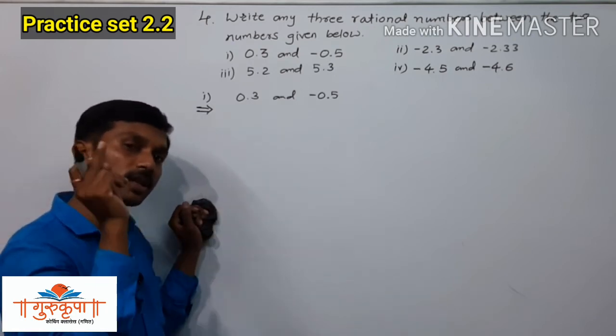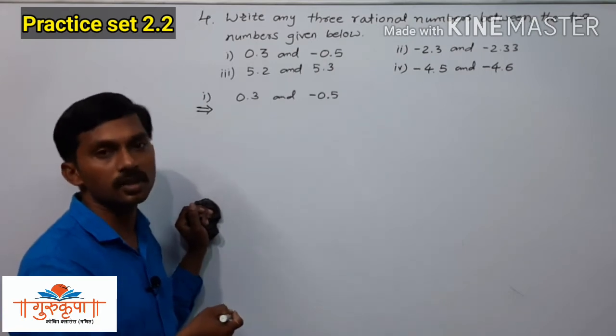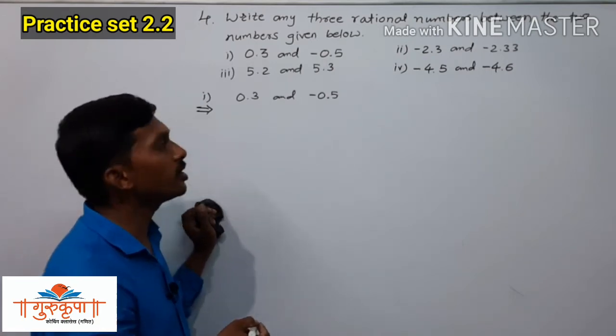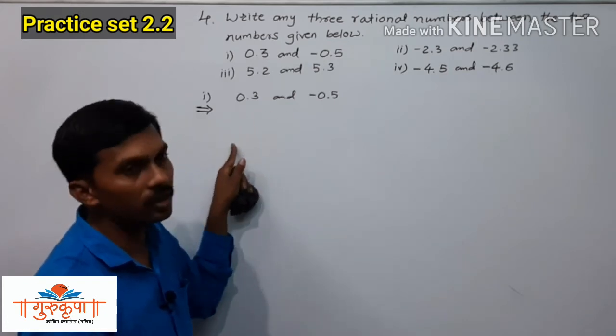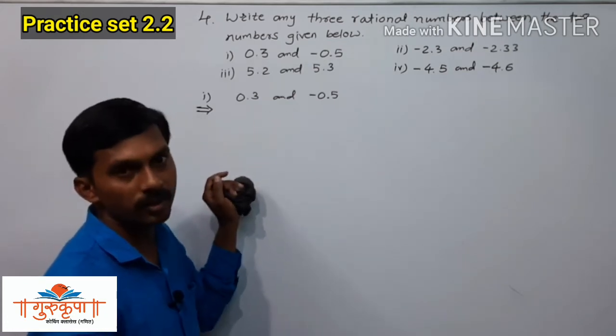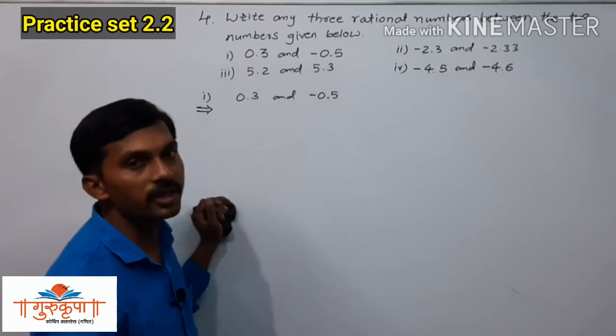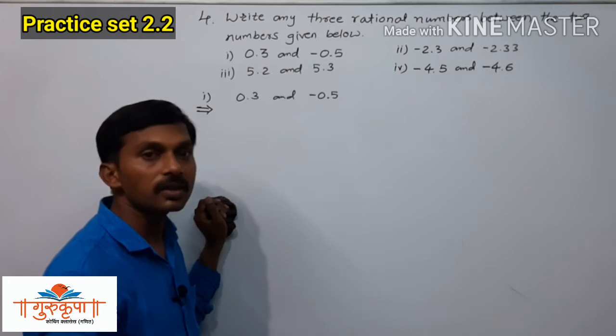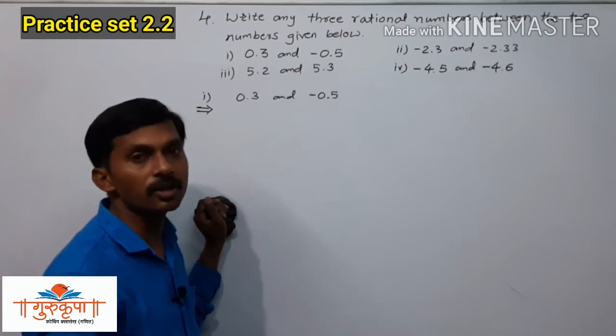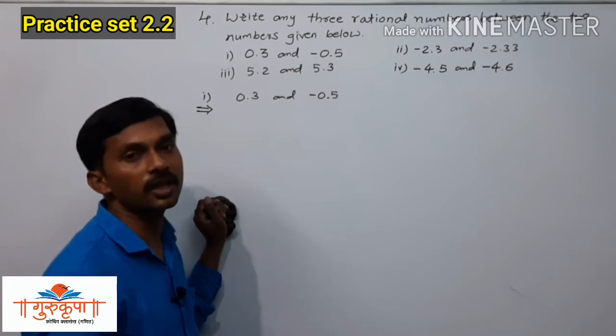Infinite rational numbers are there, but how to get them is very important, and there we have a technique. But we are not using that technique here. We will directly write the 3 numbers, but we will discuss what that method is to get infinite rational numbers between 2 given rational numbers.